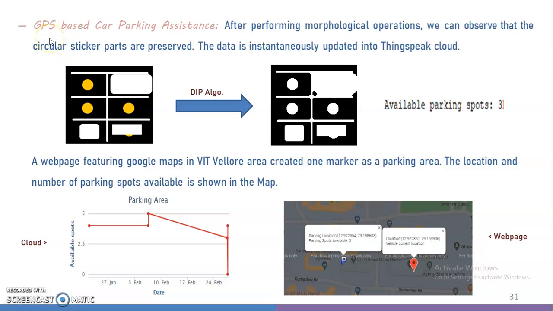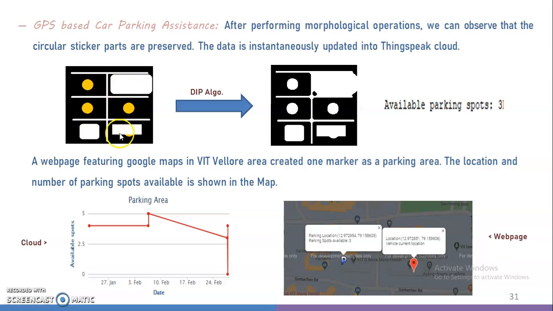Now next we come to this GPS based car parking assistance. Here this is a parking area, and these are the parking spaces. There are 6 parking spaces here, and this is a sample image.